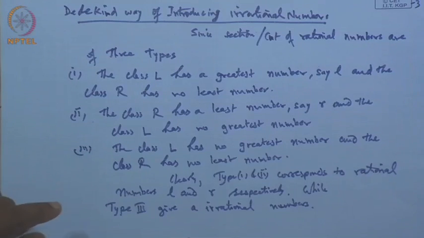Okay. Is it clear? One more thing we can observe from this is that if we pick any real number, it will always be represented by means of the section LR, lower class and upper class.